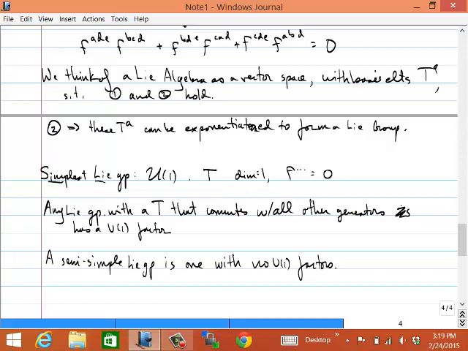So for example, the group of unitary n by n matrices is not semi-simple, but the group of SUN matrices is semi-simple, and UN is SUN times U1. Why is that? Well, SUN is the set of unitary matrices with determinant equal to 1. But you can pull out an overall phase factor from a unitary matrix. And so any unitary matrix is an SUN matrix times a phase factor.